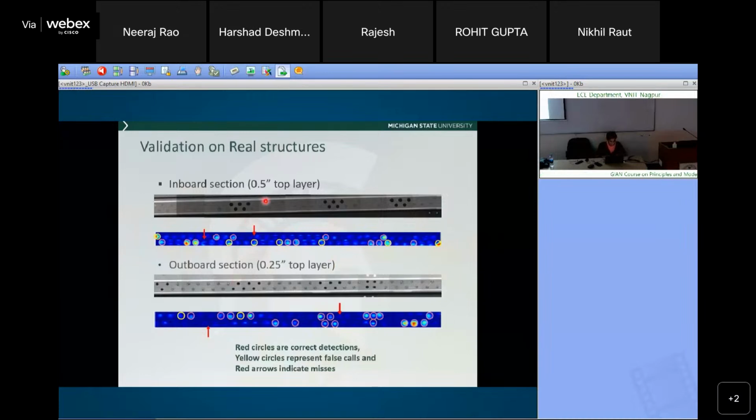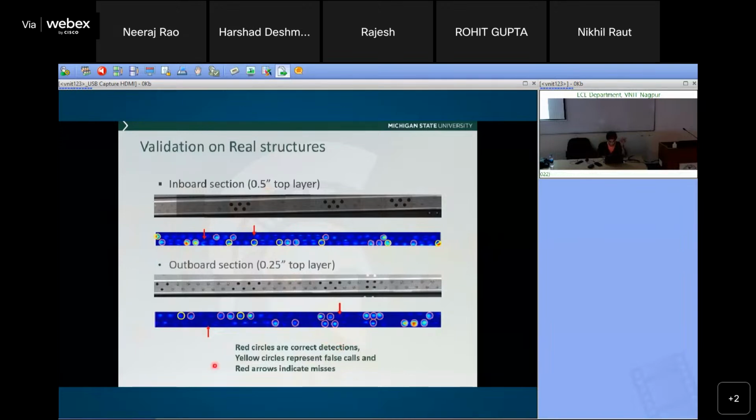So this is one particular thing, and here was another one. There was a 1/2 inch top layer, with the sample having 1/2 inch of metal below that, and this is a 1/4 inch top layer. The defects are in the second layer, and we can see that all of the defects were detected.